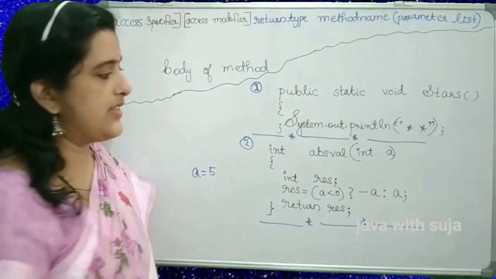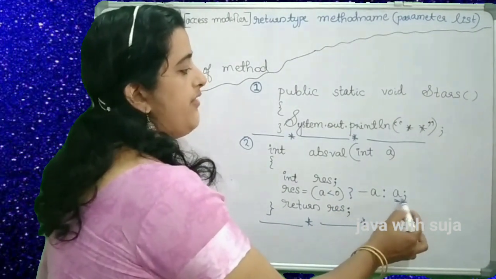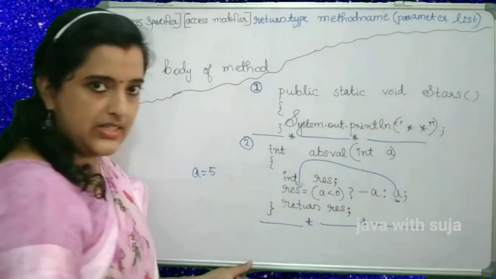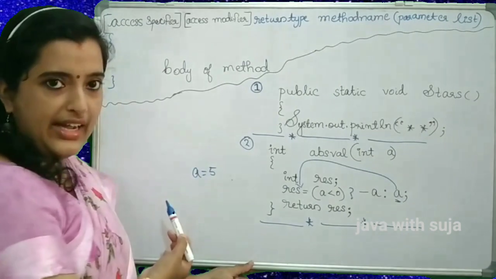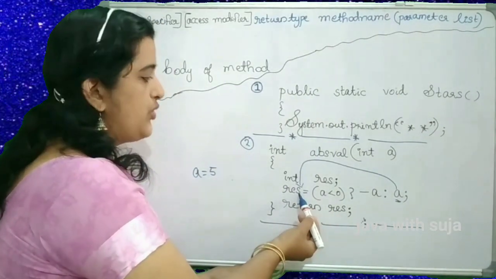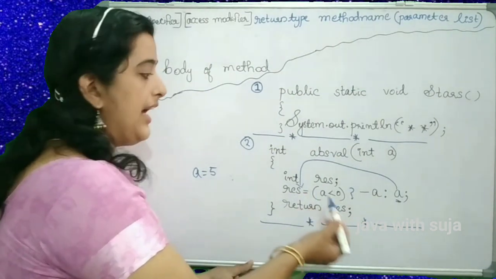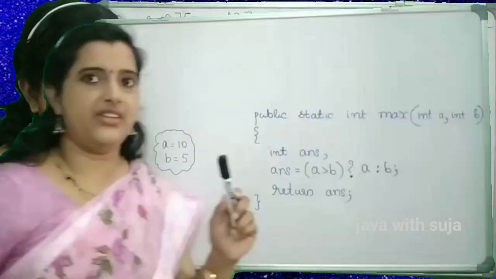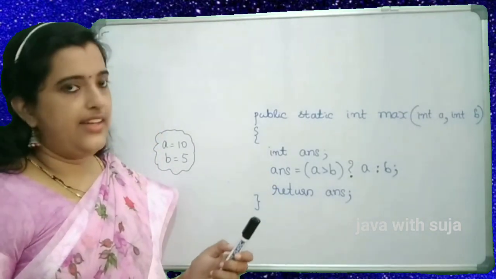The condition is false. So you will get the value of a in the variable res, which means the value 5 will get assigned to the variable res, and that value 5 will be returned by this method.